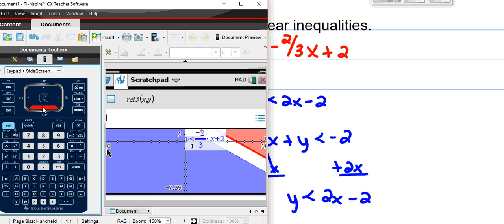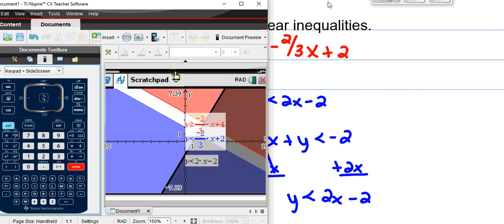Arrow down again. And let's put in the last one, which is y. Control equal to get your less than. 2x minus 2. And press enter. And there you have all three graphs.